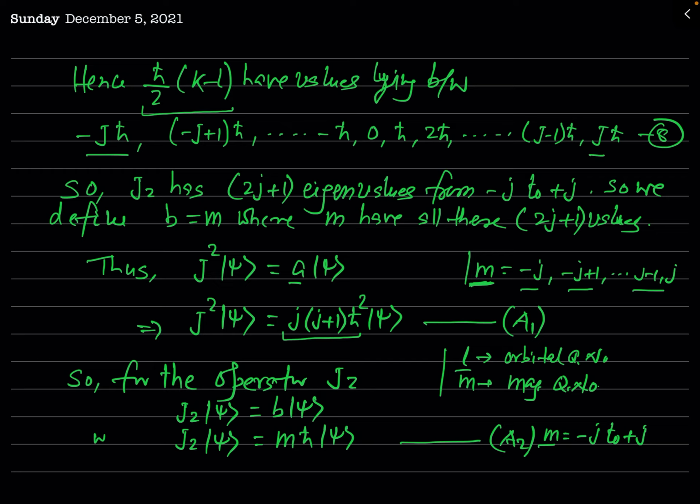Now, in fact, this eigenvector which I have written as ket psi is generally written in terms of the quantum numbers j and m.